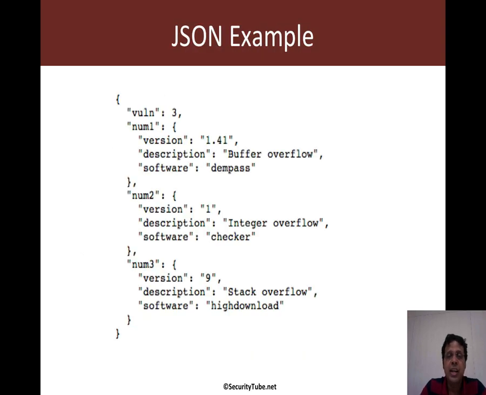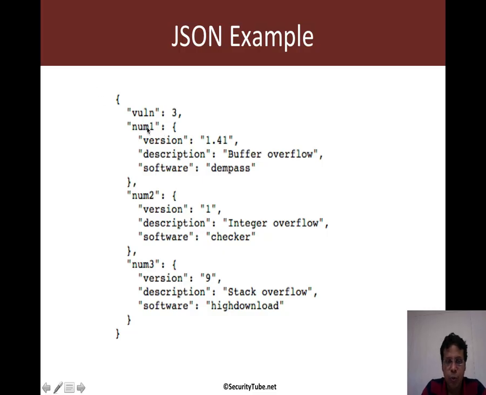Now I'll give you an example of how JSON can look like. So here is an example where the response basically has a JSON based structure. Vuln is 3, and after that you have num1, and if you notice, inside that there are nested name value pairs. Now when I said JSON has hierarchical order, this is what I meant.